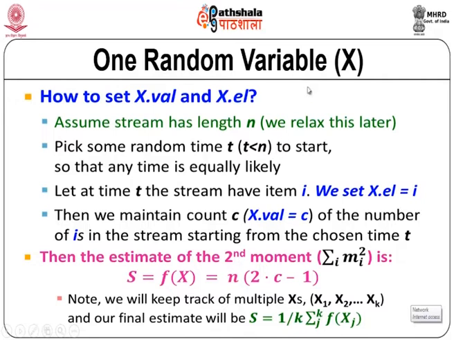Now, if you are going to make use of multiple variables, x1 till xk, then the final estimate for s will be the average of all these variables' estimates, which is indicated by 1 divided by k summation of f of x.